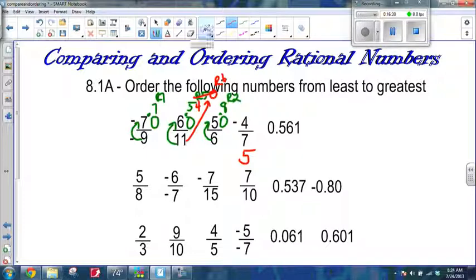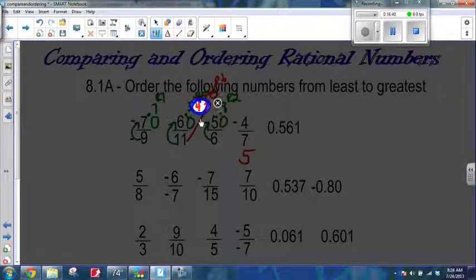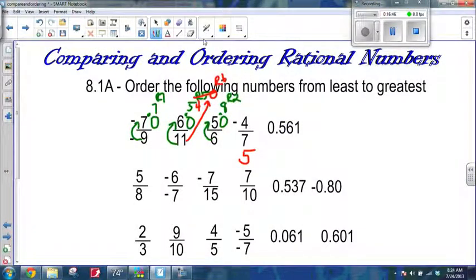So now, instead of looking at the tenths place, I have to move up to the hundredths place. Looking at the hundredths place, I have 4 hundredths here and 6 hundredths here. Well, 4 hundredths is definitely smaller than 6 hundredths, so this will be smaller than that one.